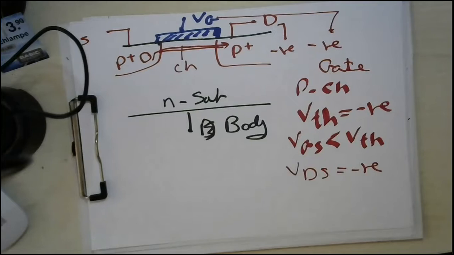Also, please don't forget the word unipolar and bipolar device. This MOSFET is a unipolar device because current is only due to either electrons in the N-channel MOSFET or holes in the P-channel MOSFET.